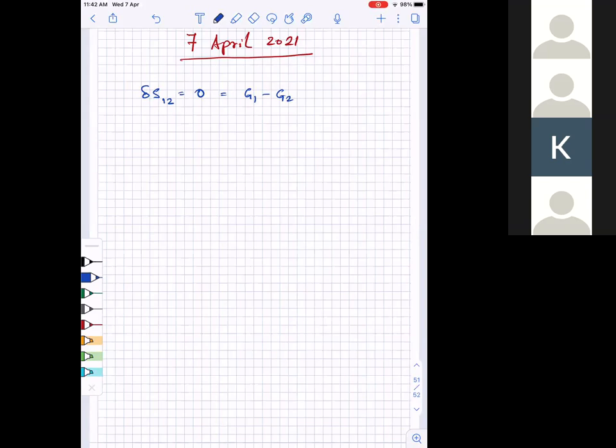These were at two different times, which means G as a function of t has the same value at all times, or dG/dt is equal to 0. So G is conserved.